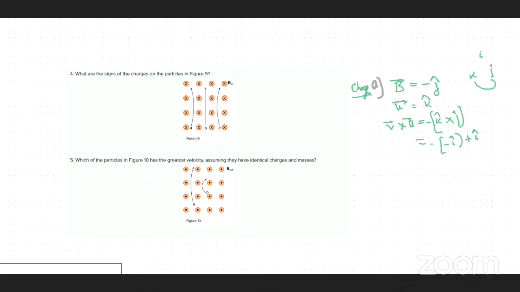I have assumed the magnetic field which is coming out to be minus j. If you consider it plus j, your answer will reverse. But when you're given a question in board examination, you have to explain why. This is not an MCQ.